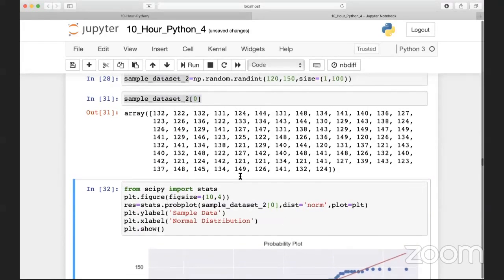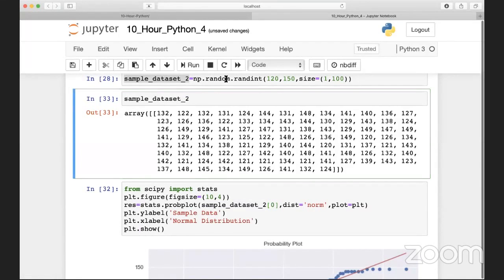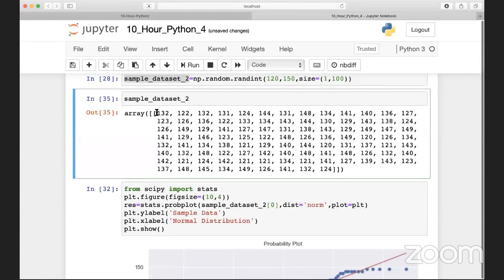It's a bit confusing, but it's good to know it. So let me do it again for you. If I generate random integers, I have this data set. If I do .shape, you have a one-dimensional case, but here you have two brackets.